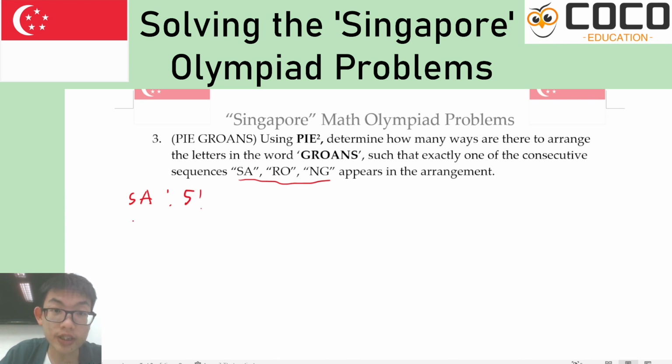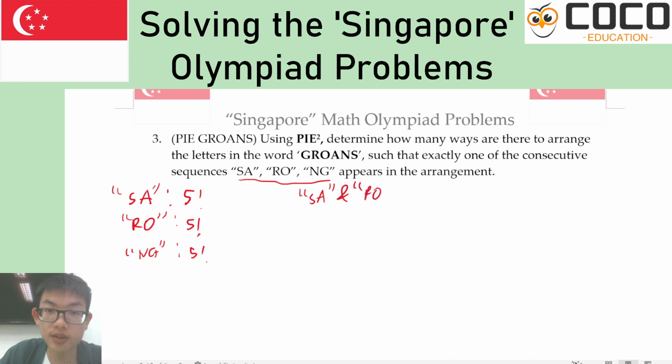And the same for if you insist on RO or NG. All of these are 5 factorial. Now, if you want to have 2 of them inside, any combination of 2 of them means that you have just got 2 pairs and 2 single letters left over.